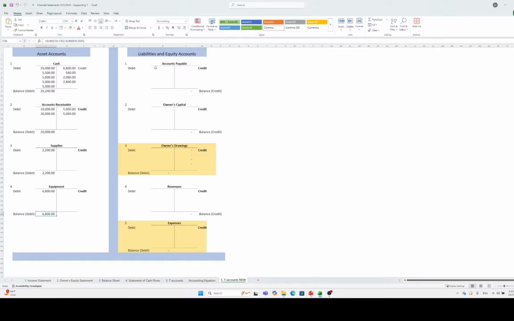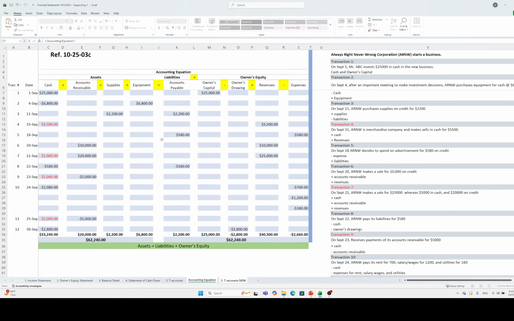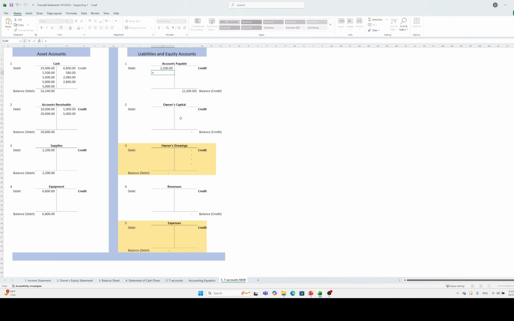Now on the liability side, if you remember from the previous video, debit increases liability and credit decreases. So now we copy any value that is positive on the debit side, and I'm sorry, I made a mistake.